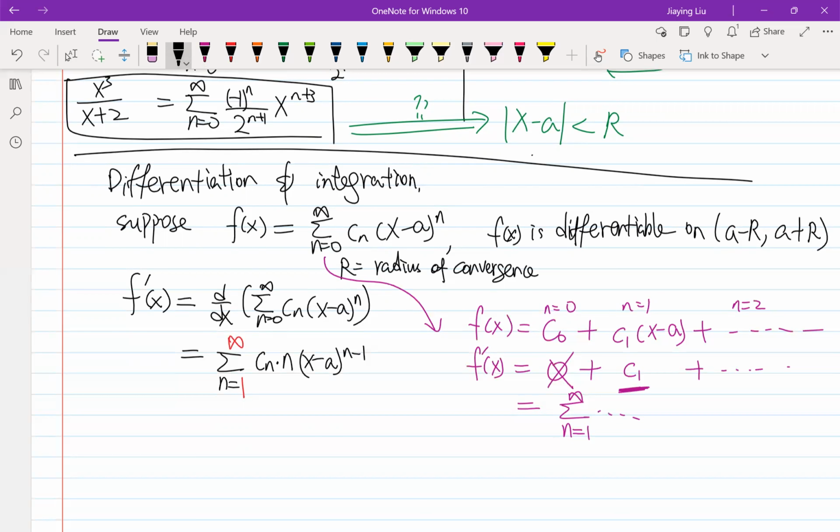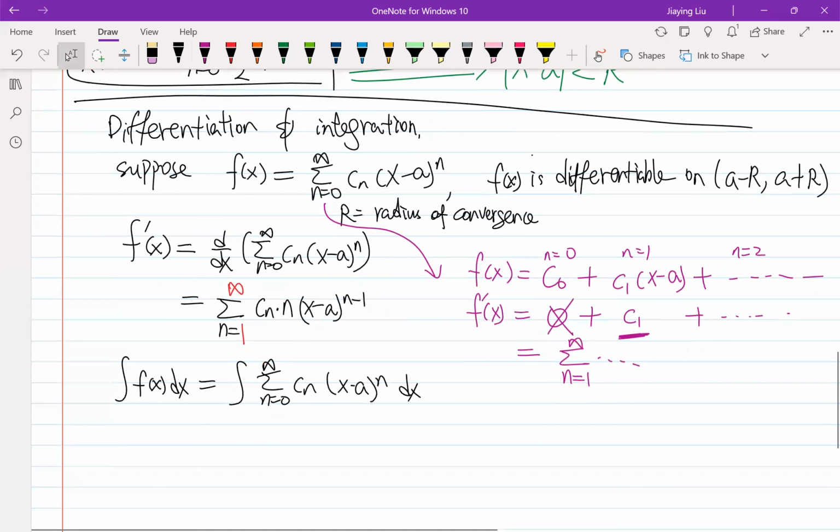So that's the derivative. And then what about the integral of f of x dx? Well, that is equivalent to integrating the power series term by term: Cn times (x minus a) to the n dx. And if we integrate that, it's still a series that doesn't change, n from 0 to infinity.